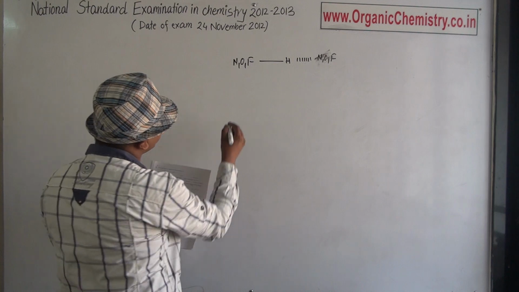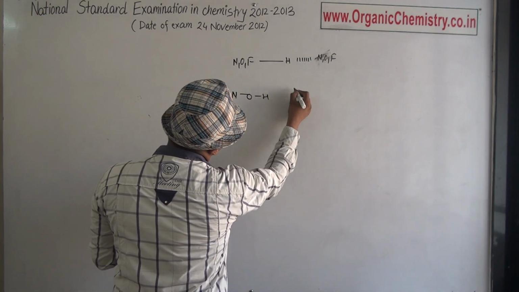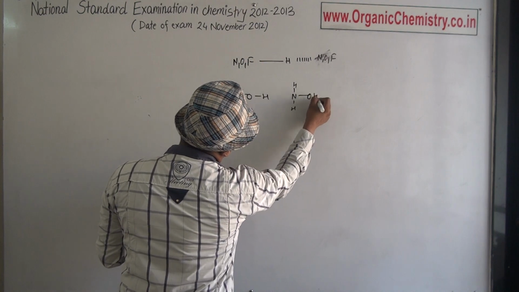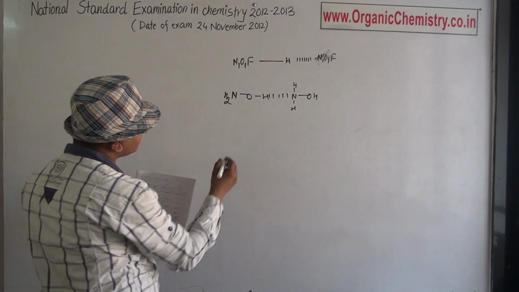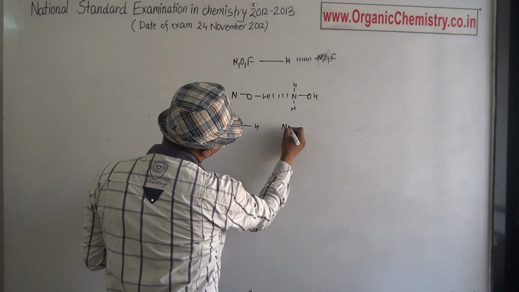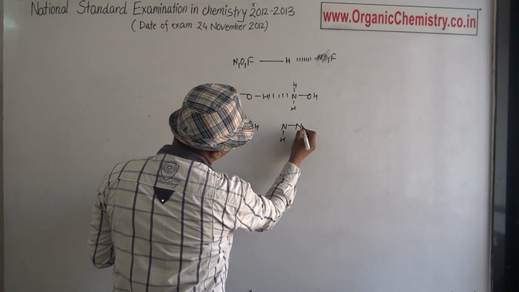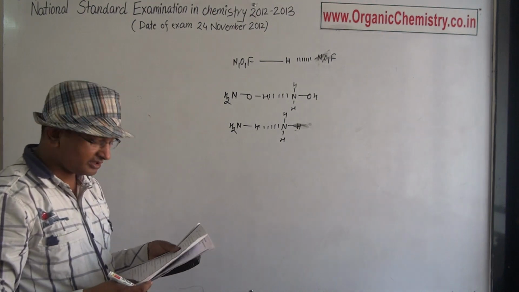First is NH2OH. This particular has the tendency. Second is ammonia. This particular again has the tendency.